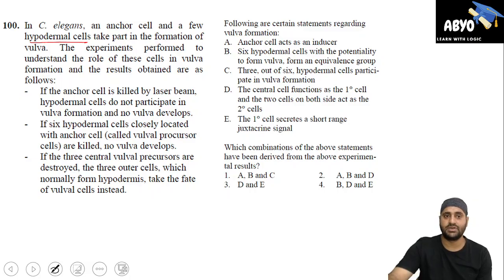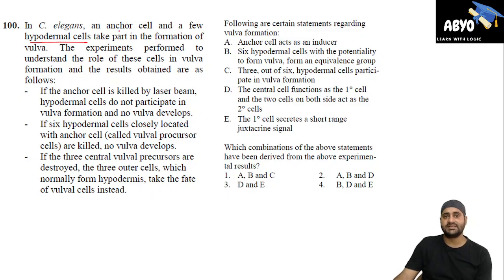Now let us come to the question. In C. elegans, the anchor cells and a few hypodermal cells take part in the formation of the vulva. That is true. The experiments performed to understand the role of these cells in the vulva formation and the results obtained are as follows. What is the result? If the anchor cell is killed by laser beam, hypodermal cells do not participate in the vulva formation and hence no vulva developed.